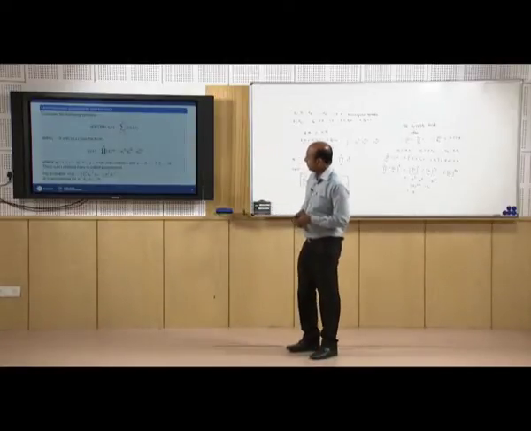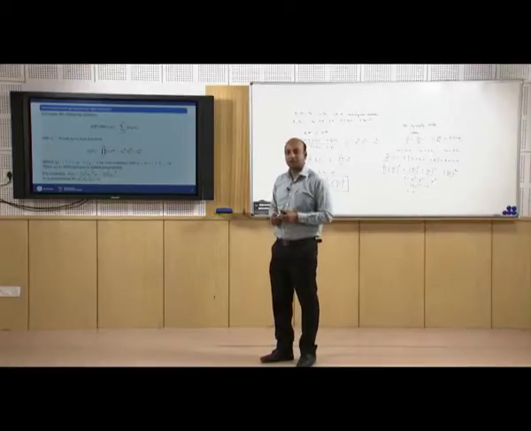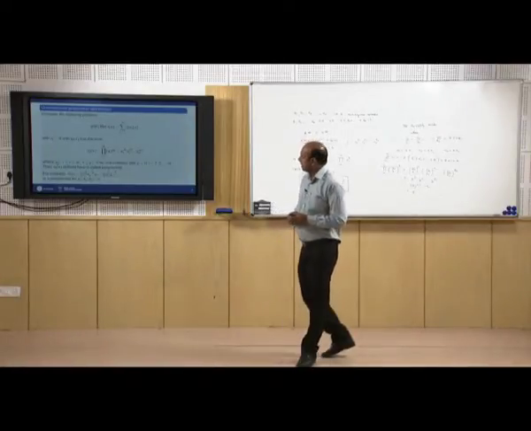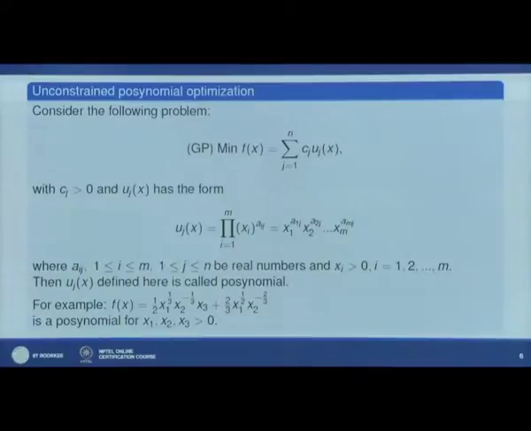Now, let us come to the geometric programming problems. First we are discussing unconstrained problems, without any constraint. Minimization of some function f(x), which is f(x) equals summation j running from 1 to n, cj uj(x). Okay. The cj's, all coefficients, we are assuming are strictly greater than 0, and uj has the form of product i from 1 to m, xi raised to power aij.